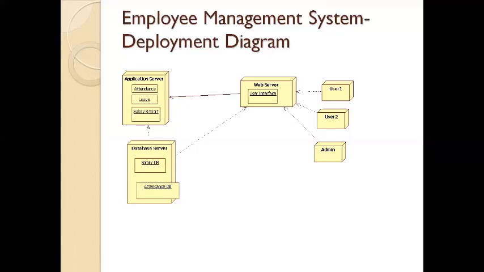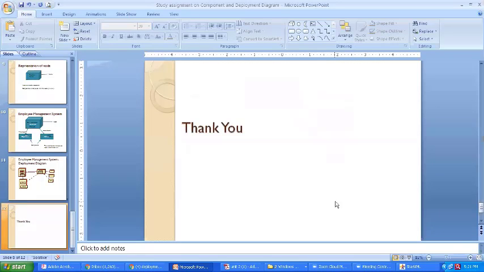Each of these nodes has different functions, so they will have components incorporated in them. The users, who are situated at different locations in the system, user 1, user 2, or admin, will also access this web server. And we have shown the dependency in this diagram.